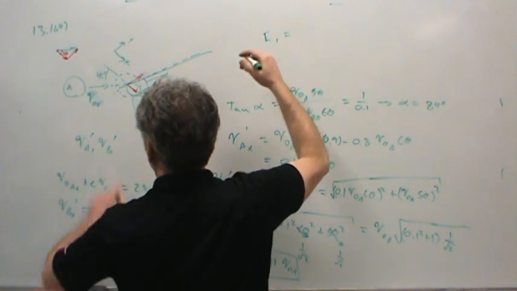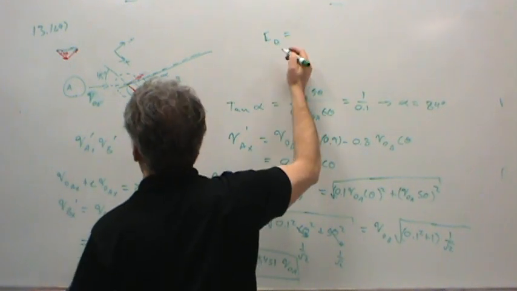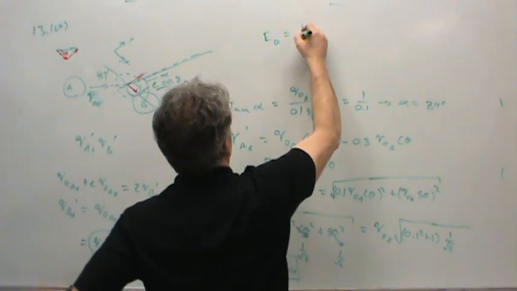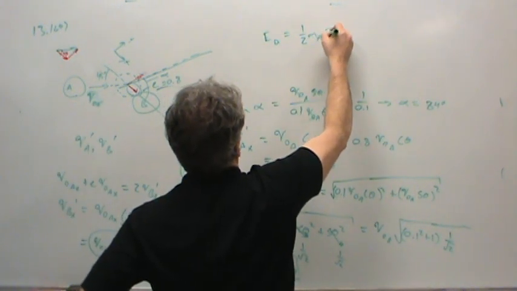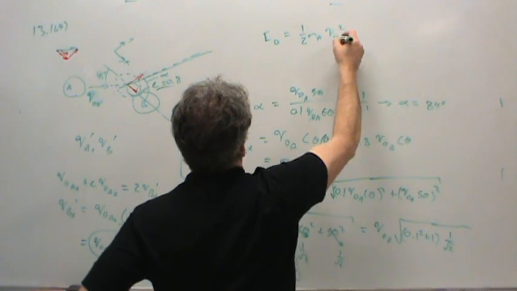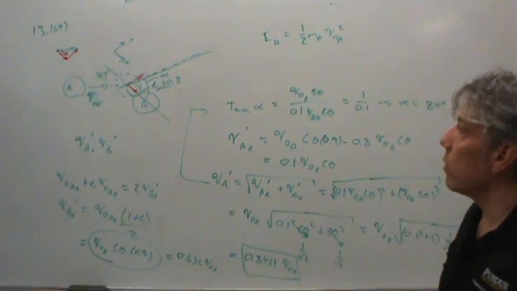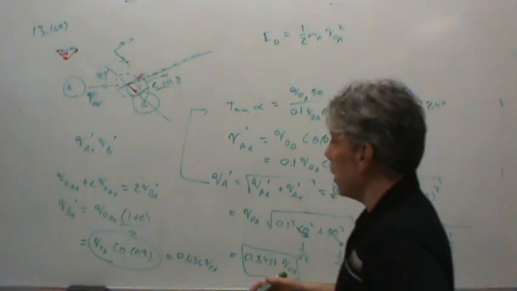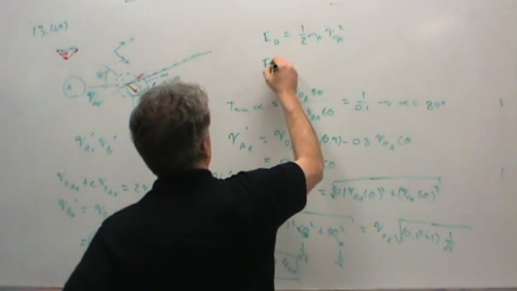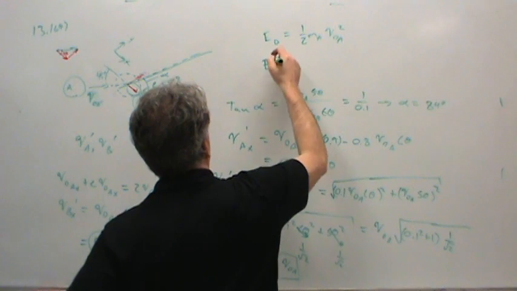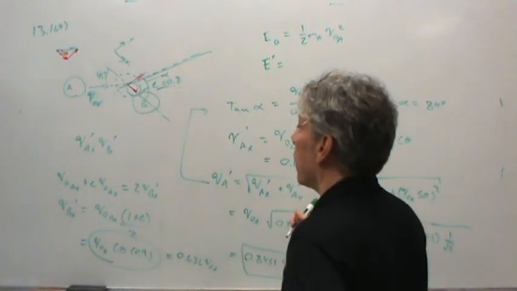Let's just call it E naught. It would all be in A, so it would be 1/2 the mass of A times the initial velocity of A squared. And that's as deep as we can go, because we don't know the mass of A, and we don't know the velocity of A initially. Let's continue, though, and ask about the energy in state prime, the energy after impact.